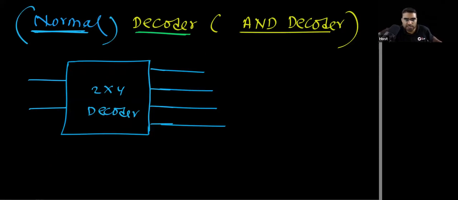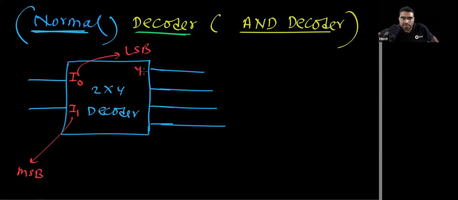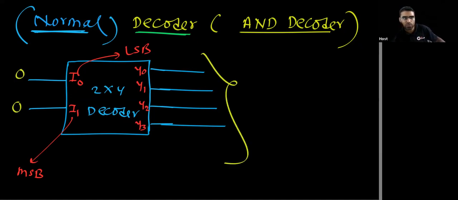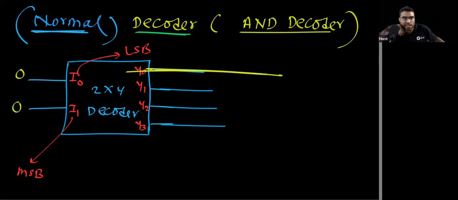So in this normal decoder, what happens? Quickly tell me. For example, this is I0, I1, where I1 means MSB and I0 means LSB, and these are Y0, Y1, Y2, Y3. If I apply 0, 0, then this line will be activated.